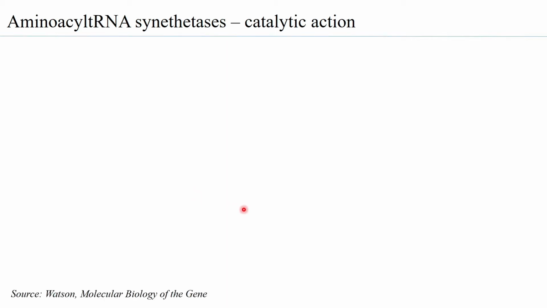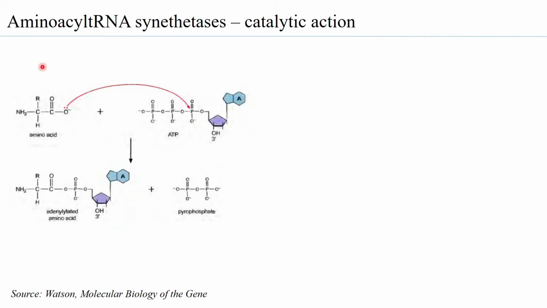Just to look at it again, the amino acid, its carboxyl group is able to interact with the alpha phosphate of the ATP molecule, thereby forming a linkage between the carboxyl group of the amino acid and the phosphoryl group of the AMP, which means that this entire AMP moiety is going to bind to the amino acid at its carboxyl group.